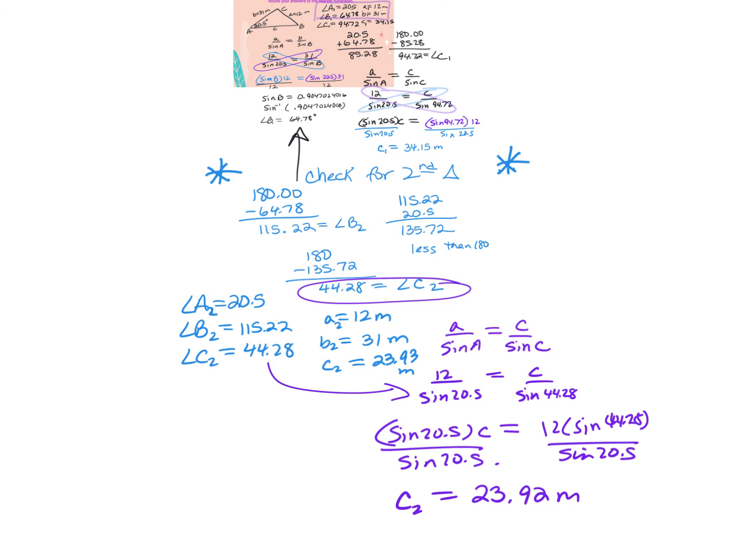So again, if after you try to do the proportion for the very first angle, you get an error on your calculator, you should know that you're going to stop and say that there's no triangle.